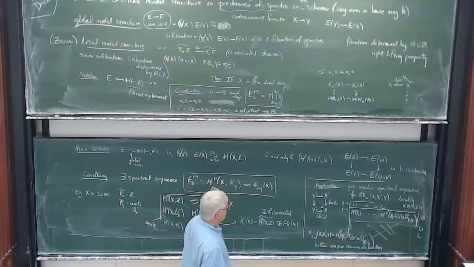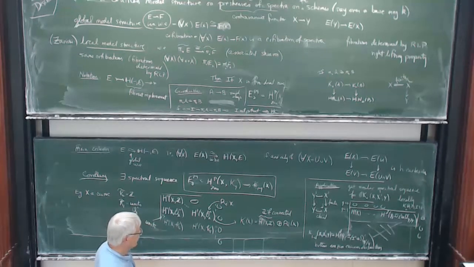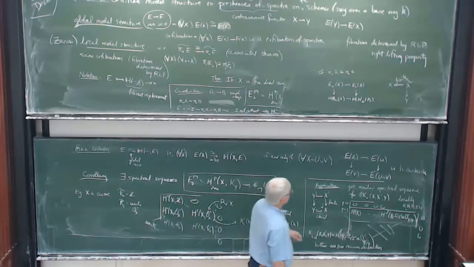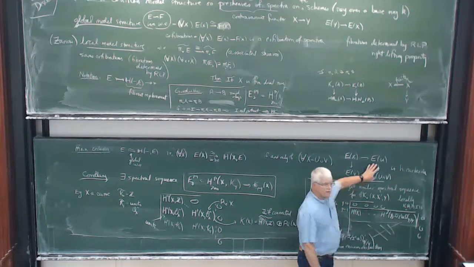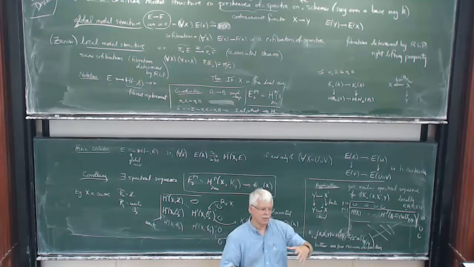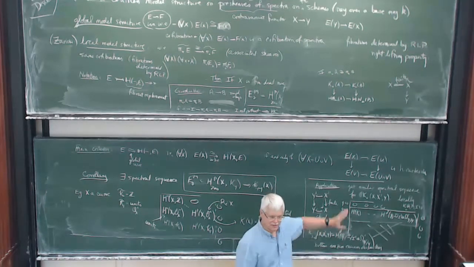No, that one's a push-out, right? One of the fun things when you're dealing with spectra is that homotopy Cartesian and homotopy co-Cartesian are the same thing, right? So that's really a non-issue.